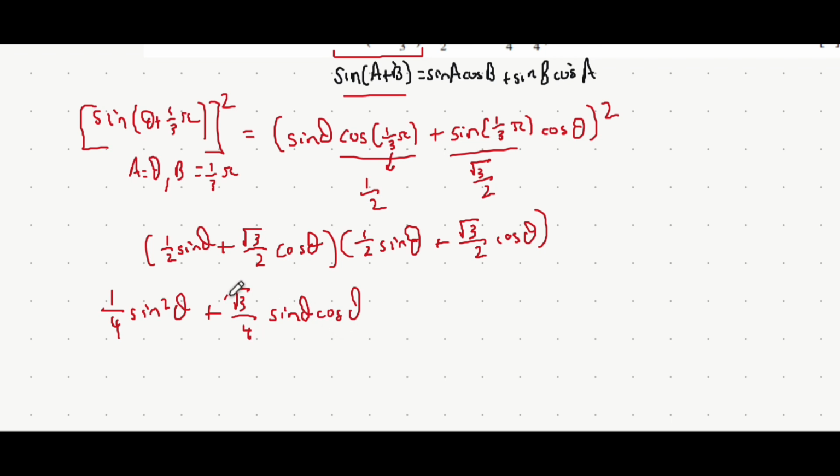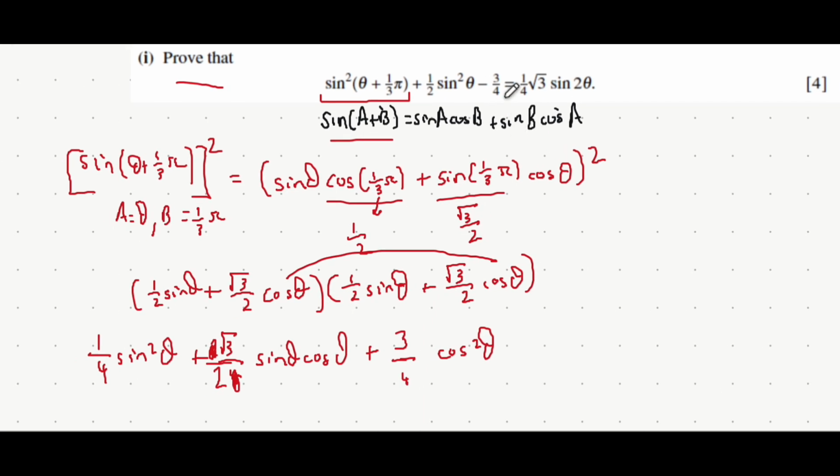So I'm just going to write here 2 root 3 over 4 sine theta. You might recognize that, well, 2 over 4 is just 1 over 2. So I'm just going to replace this with root 3 over 2 sine theta cos theta. That saves us having to write out that other term again. When multiplying these two together, root 3 times root 3 is 3, 2 times 2 is 4, and then there's cos theta times cos theta, which is cos squared theta.